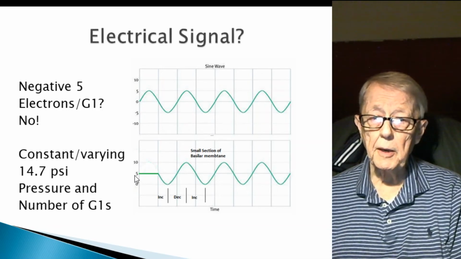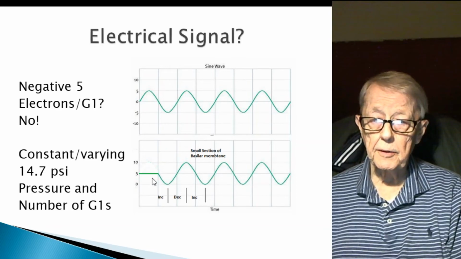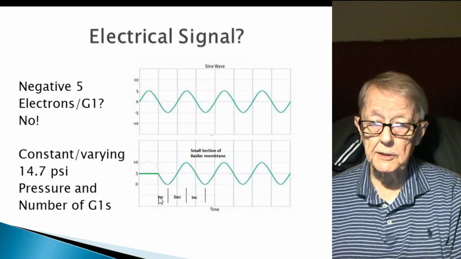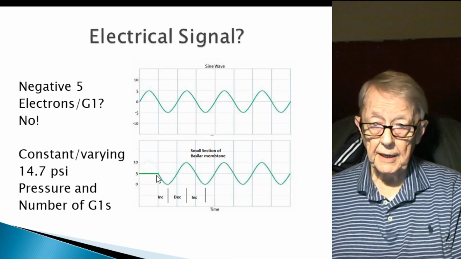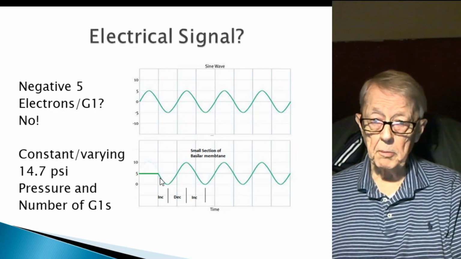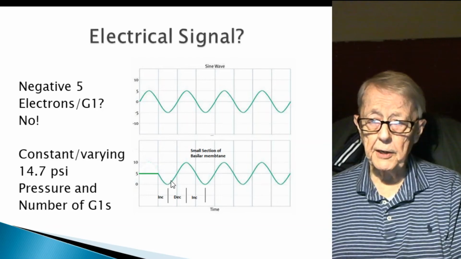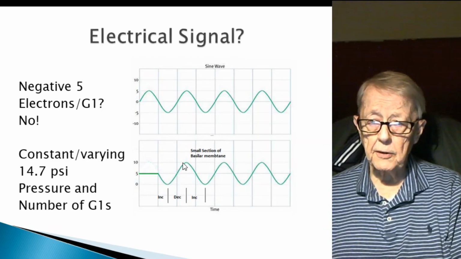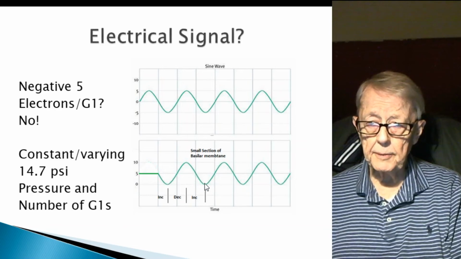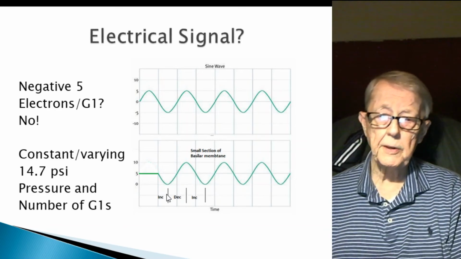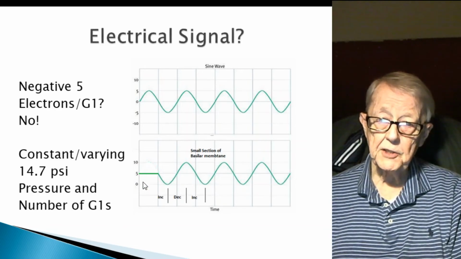Then when the pressure increases, there's an increase. That's what that says, supposed to say increase. The membrane goes down. And then when there's a decrease and the drum goes out, the membrane goes up, and then another increase.